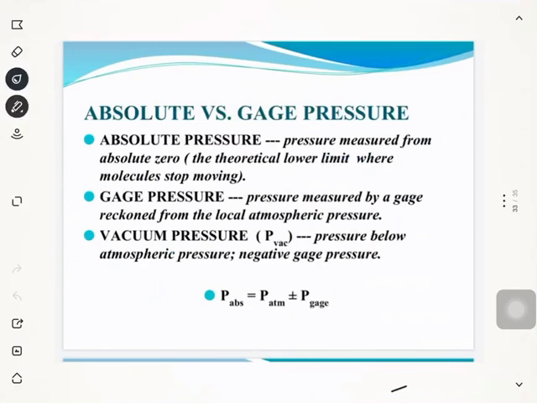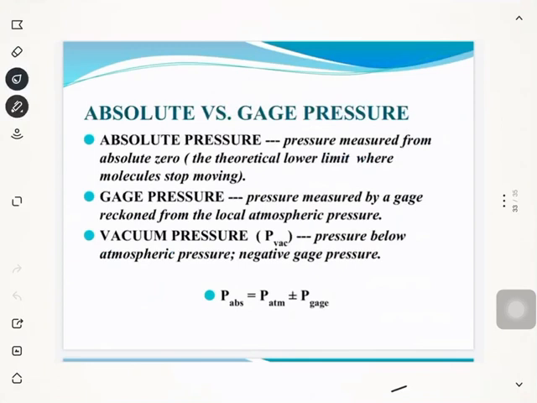And the gauge pressure is measured by a gauge reckoned from the local atmospheric pressure. And the vacuum pressure is pressure below atmospheric pressure. Vacuum pressure also indicates a negative sign. That is a negative gauge pressure.